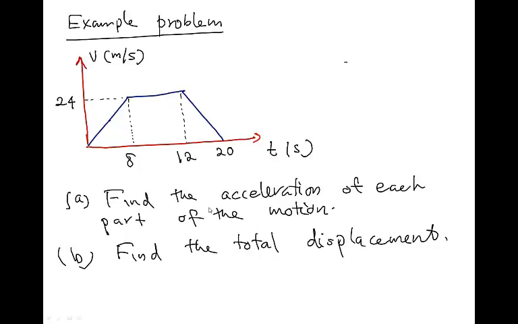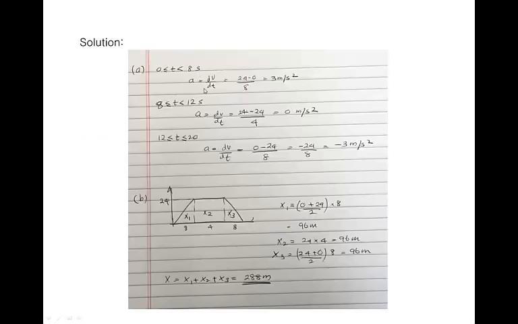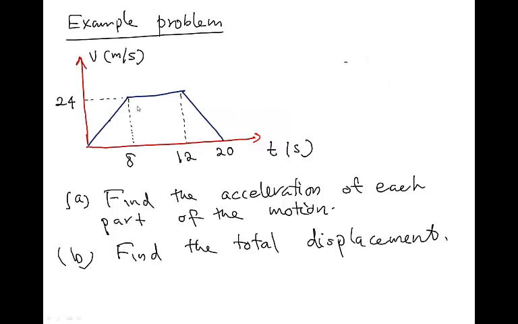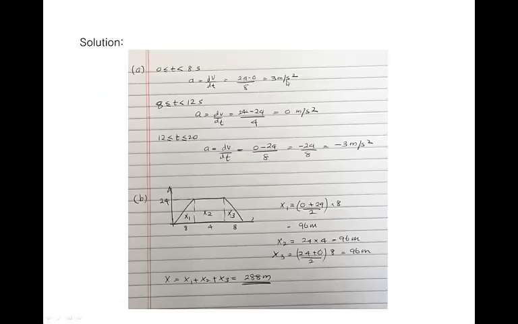displacement. So we know that the acceleration is the slope, so we can find the slope of each section, and that gives us the acceleration of each part of the motion. So in the first part, the acceleration is dv over dt, and that's 24 minus 0 divided by 8, which is 3 meters per second squared.